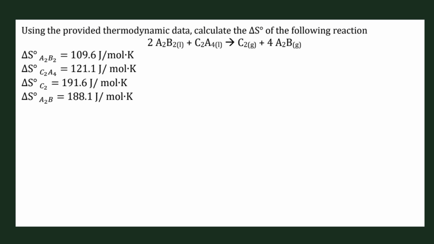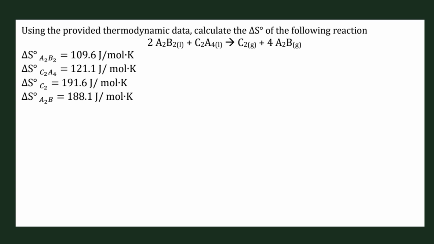All right, using the provided thermodynamic data, calculate the delta S of the following reaction. You have a general reaction: 2A2B2 plus C2A4 producing C2 plus 4A2B.